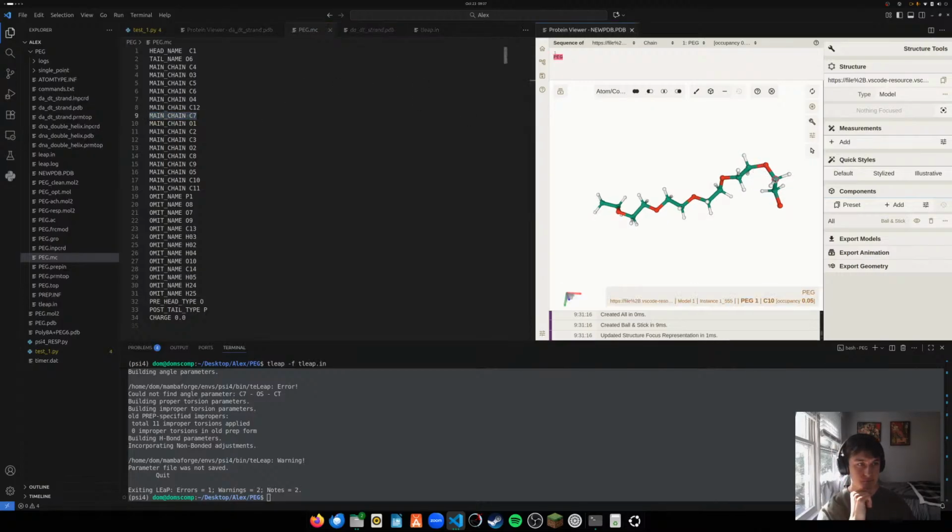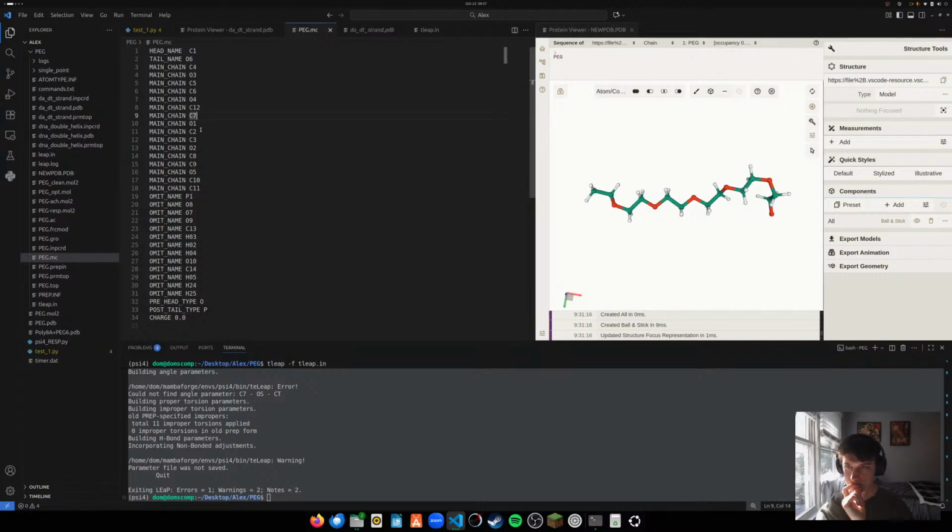Where's C7? Should be up here somewhere. Here. OS, CT. What if I remove that? I don't know, man.